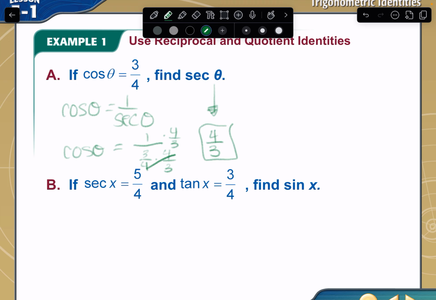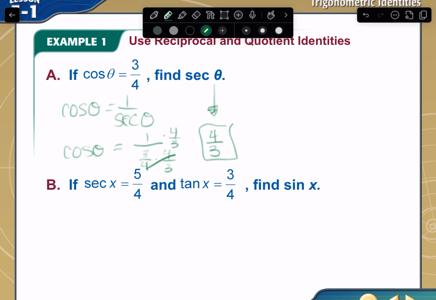Thinking through what these identities look like. Secant is the reciprocal of cosine. I'm not trying to find cosine, I'm trying to find sine, so that's not really going to help me a ton.